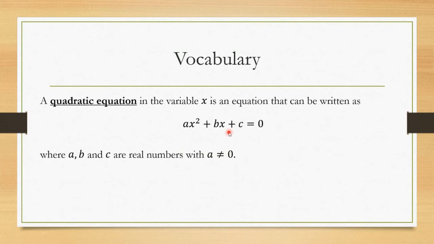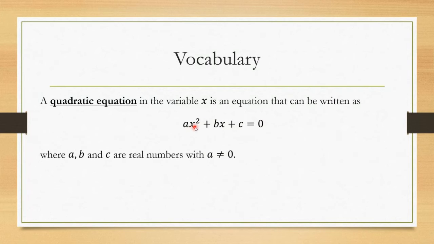If you can use those methods and obtain this, then it's a quadratic equation. That's what we mean by can be written as. In other words, it's equivalent to this.